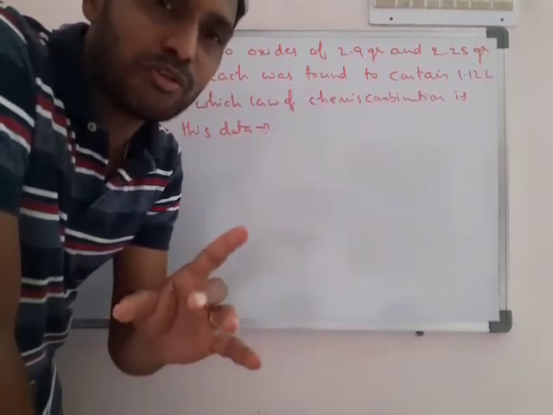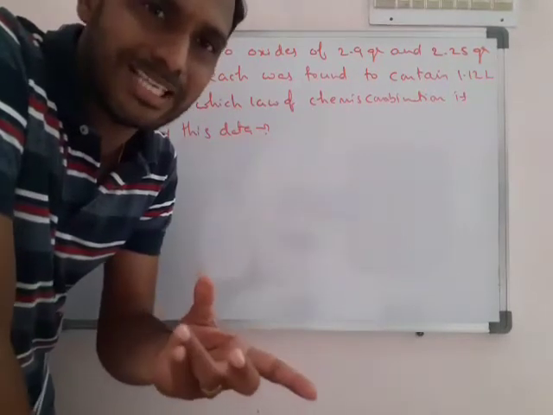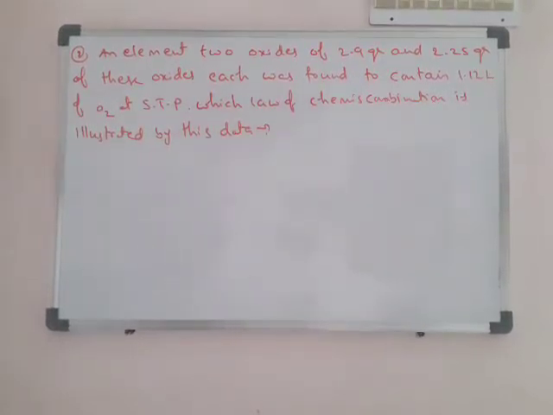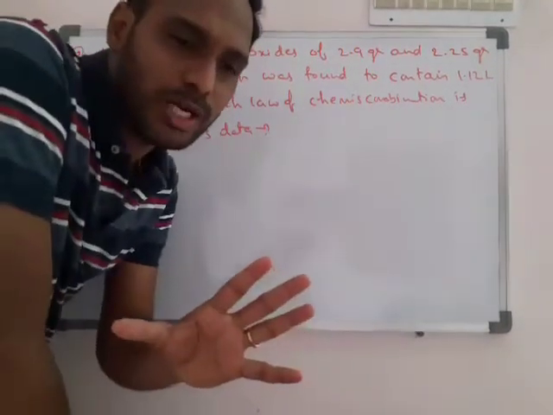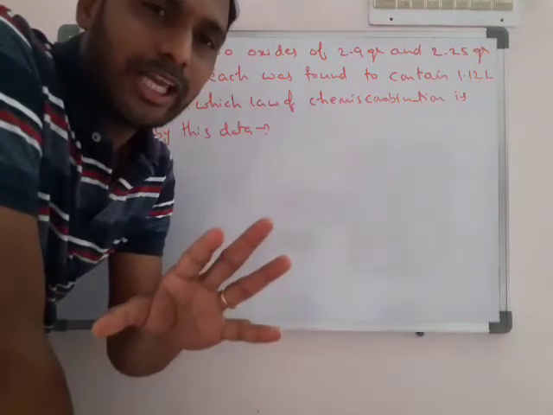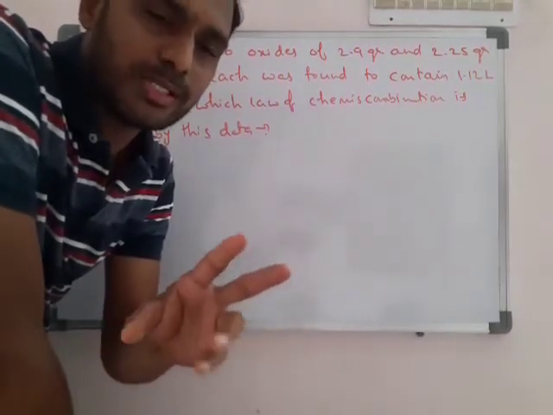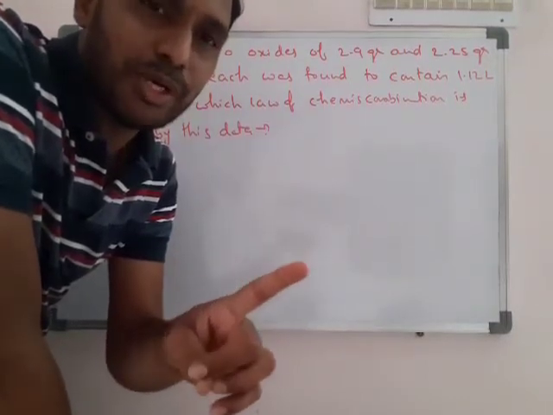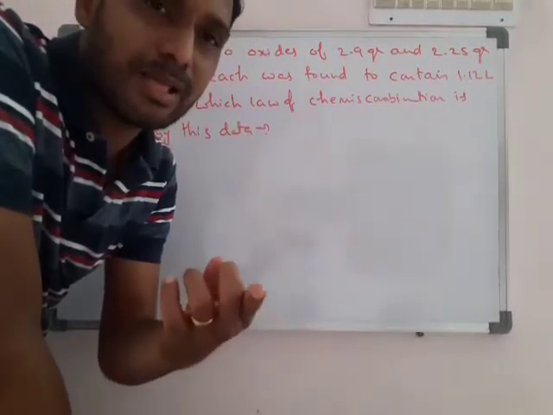If the volumes of two different molecules is equal, so according to Avogadro's law, at standard temperature and pressure, if two different compounds' volumes are equal, then the number of molecules present in them are equal.